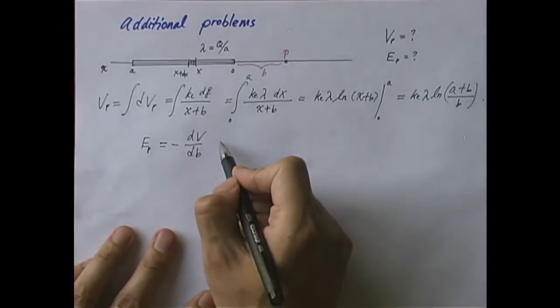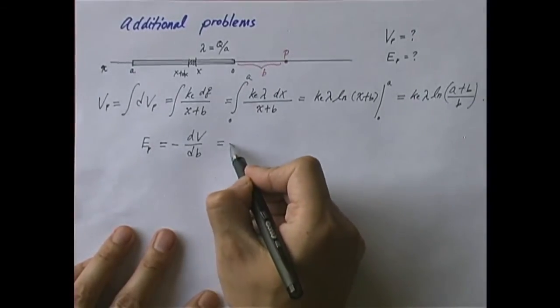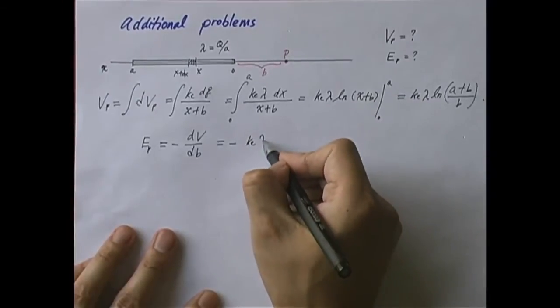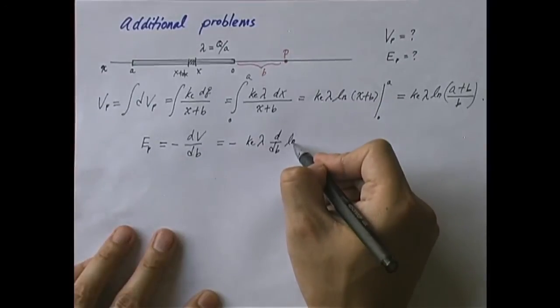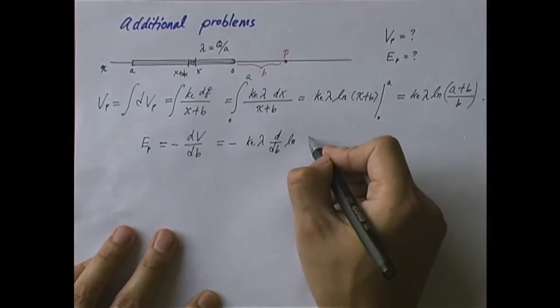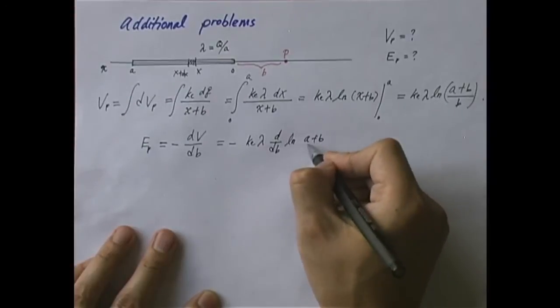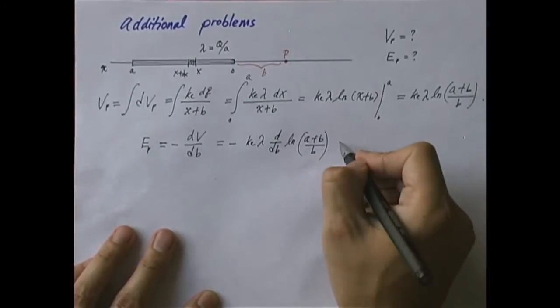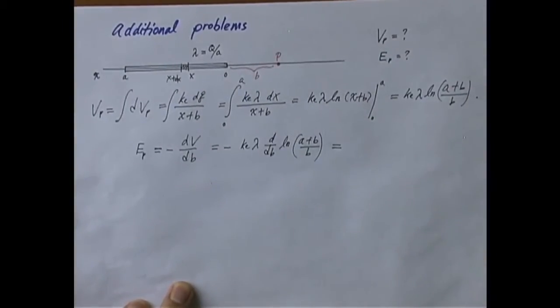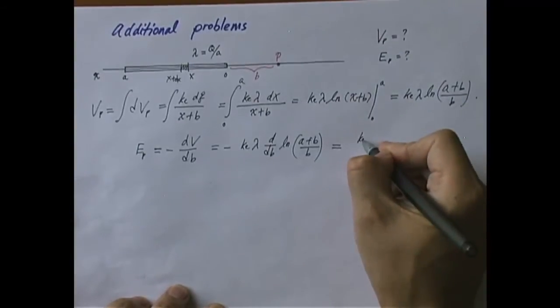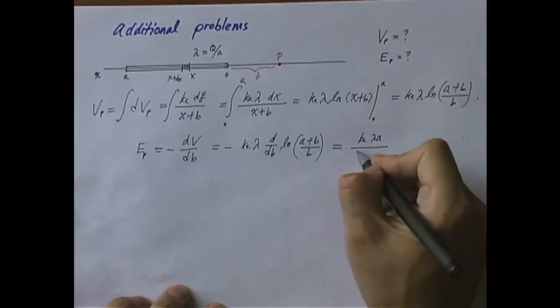What you have to do then is take the constants out: negative k lambda d/db of natural log of a plus b over b. And very simply, after some algebra, since the derivative of natural log of x is just 1 over x, you will find that it is equal to k lambda a divided by b times b plus a.